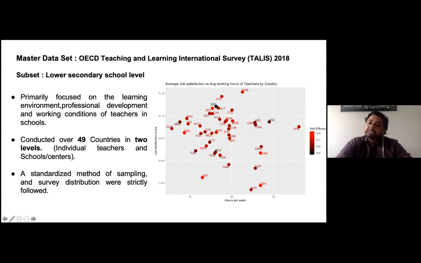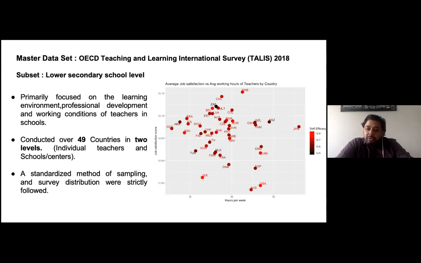Actually, it's an average for each country. Here we can see the US actually has a higher efficacy, but the job satisfaction score is a little lower compared to the other countries. Australia is kind of an outlier here because their system has a different approach, and the sample size is a little smaller.